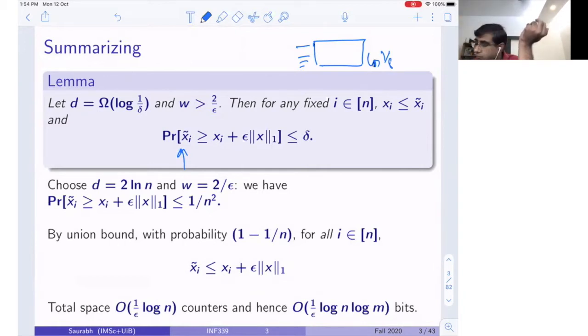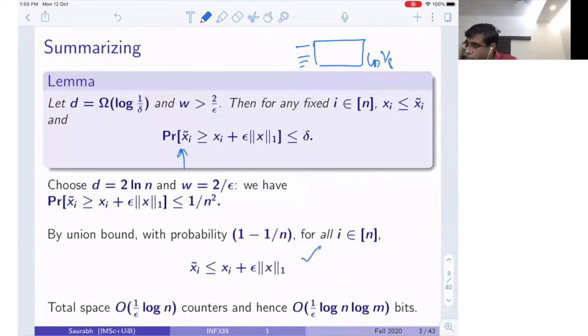Then we wanted to do this not for one coordinate but for all n coordinates. Rather than log 1 over delta hash functions, we used roughly 2 ln n hash functions. That gave us the desired property that with probability 1 minus 1 by n, every coordinate is within the required bound.